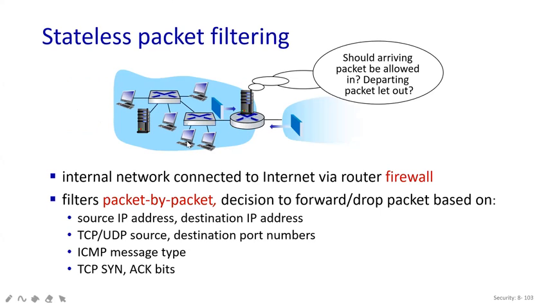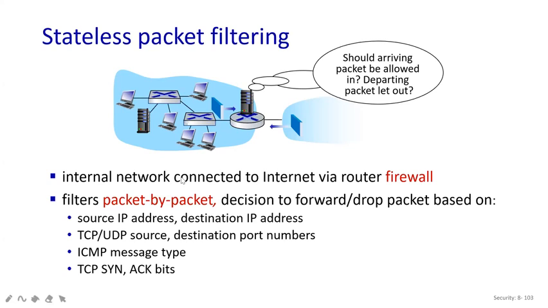All the internal systems are connected to the router, and then to the firewall. The question that arises is: should an arriving packet be allowed in, or a departing packet let out? Can I receive all the packets from outside, or send all the packets from the internal organization to the outside? Is it possible? That is what we are going to see here.